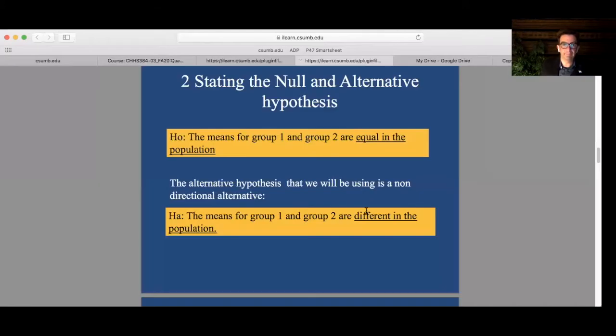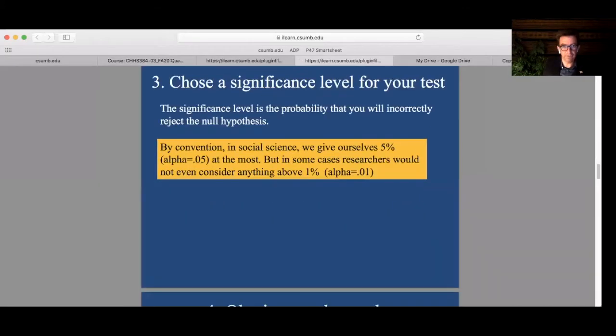The next step, we're not going to deal with directional hypotheses. We're just going to do two tails. It is to determine what significance level we're going to use. This significance level is the probability of incorrectly rejecting the null hypothesis.